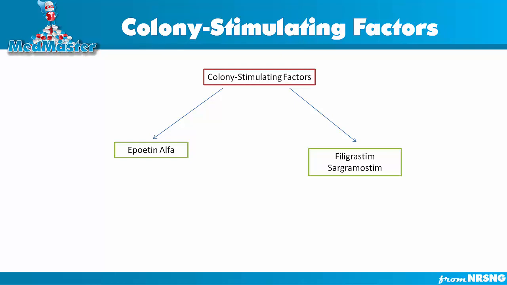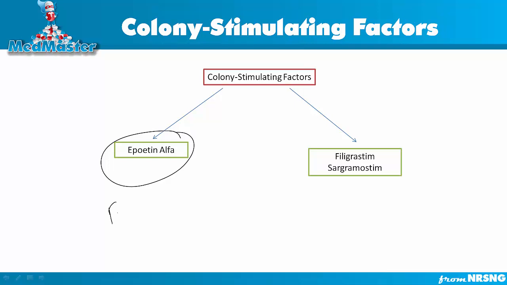So in this video we're going to cover the colony stimulating factors, and specifically the Epoetin Alfa. There are two different types of colony stimulating factors. One is Epoetin Alfa and another one is Filgrastim and Sargramostim.